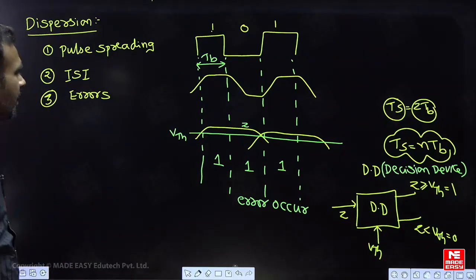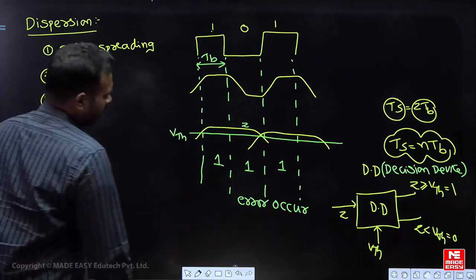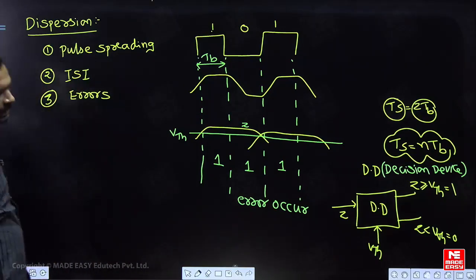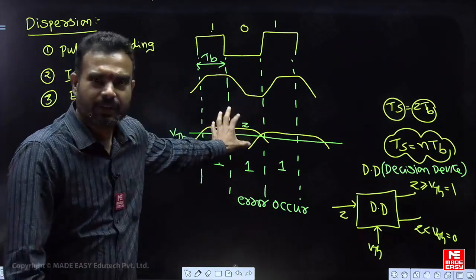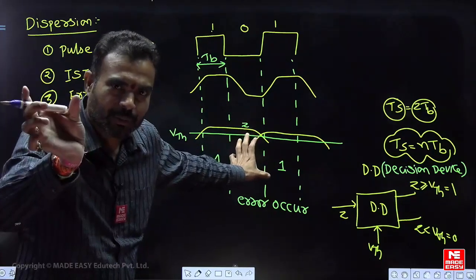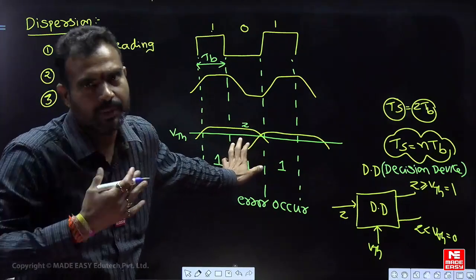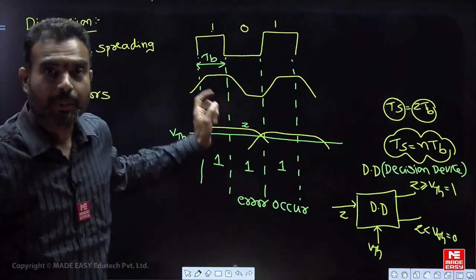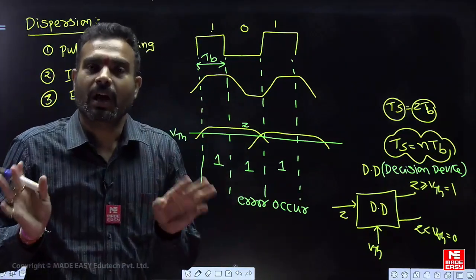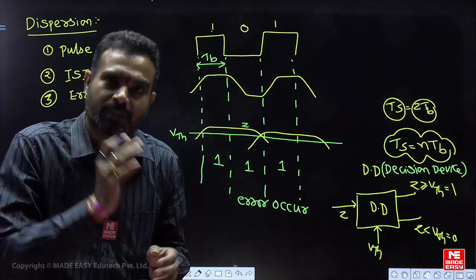Okay, देखो errors आ गया. ये है error occur which is called your dispersion. See, the remedy for this in communication is Nyquist shaping by using a sinc pulse. But the remedy for this in an optical communication system is using SMSA fibers.